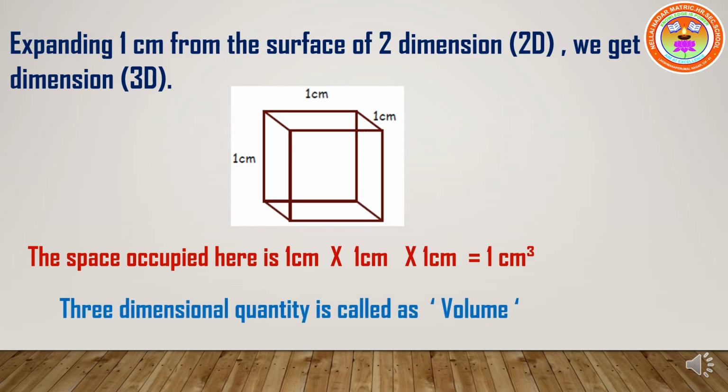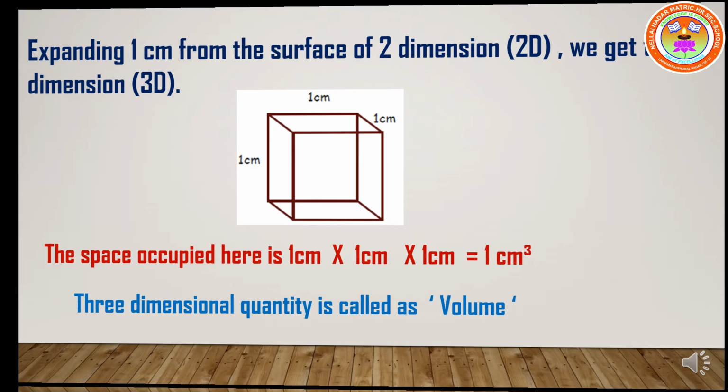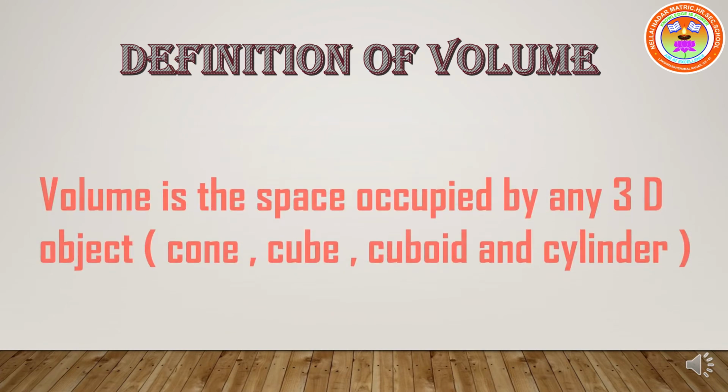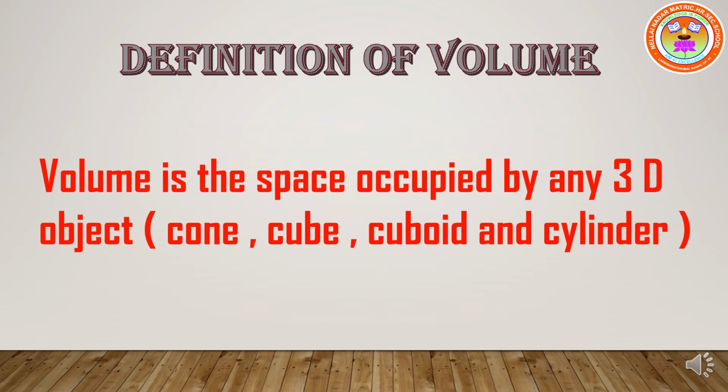Three-dimensional quantity is called volume. So the three-dimensional quantity is called what? Volume. Understood children? Now let us learn the definition of volume. Volume is the space occupied by any 3D object.